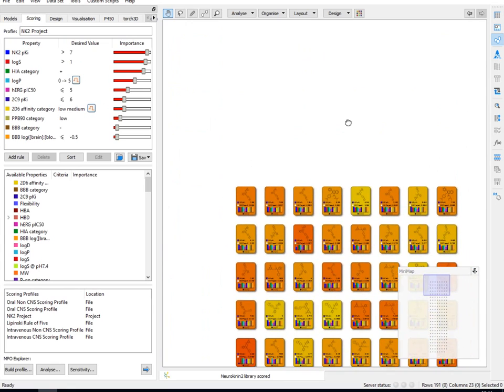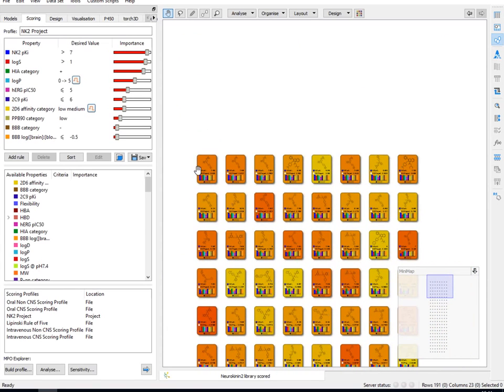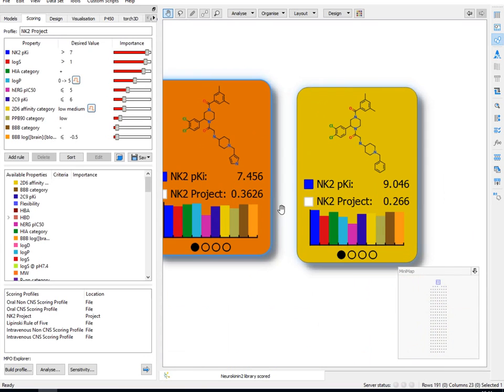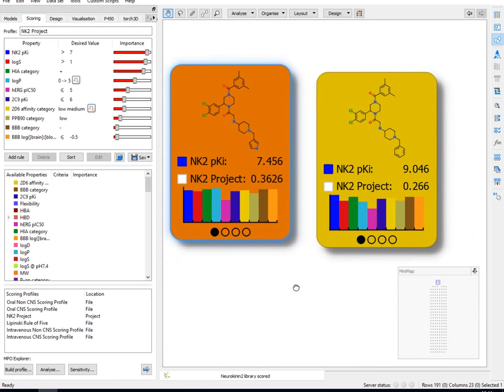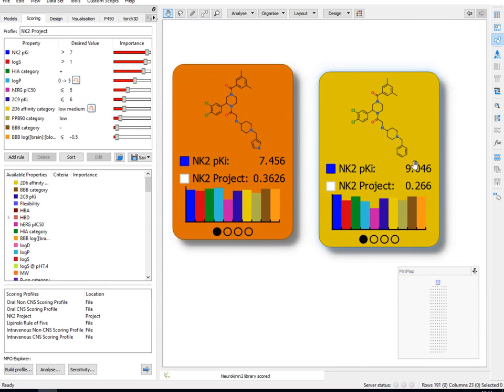And immediately what you can start to see is that the highest scoring compound here in the top left is not necessarily the most potent. In fact, this one here has got a lower score, but you can see from the color is more potent. So, one of the things we might want to understand is, well, why is that? And if you zoom in here, you can start to compare very easily, and you see this about 1.5 log unit higher potency, yet a lower score.